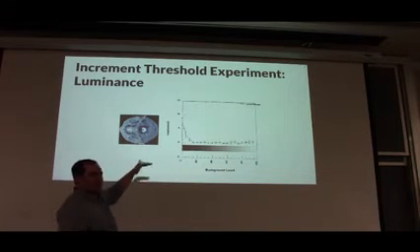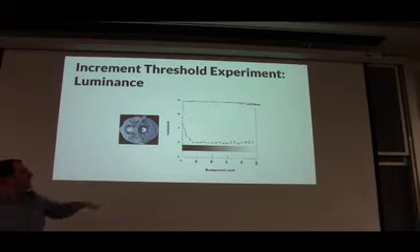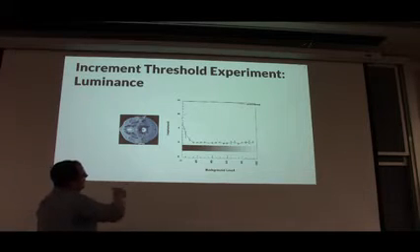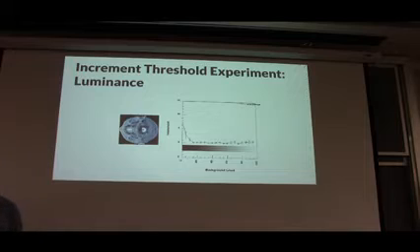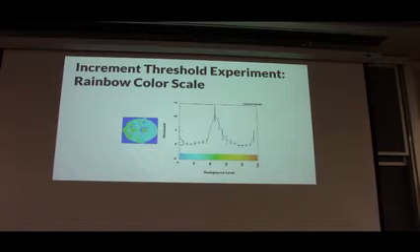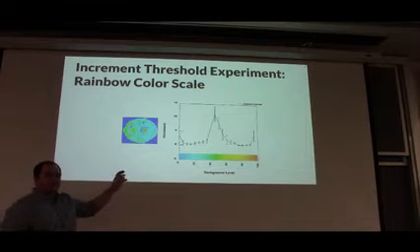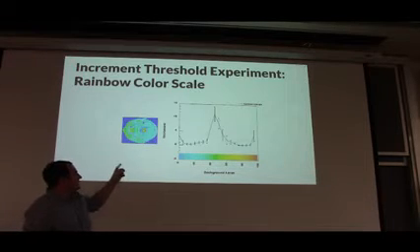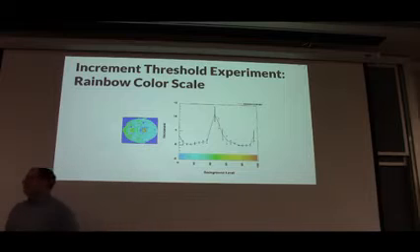We see that it is very linear, other than at the very beginning, where it's hard to tell apart the very dark parts. This is a nice map; we have equal increments that correspond to the data. The same study was done with the rainbow color map, and here you can see a much bigger error, so that humans perceive the changes to be much bigger than they actually are in this color map.